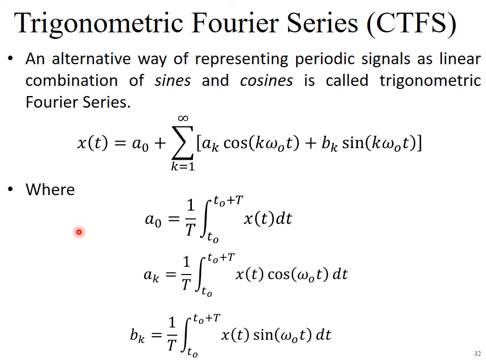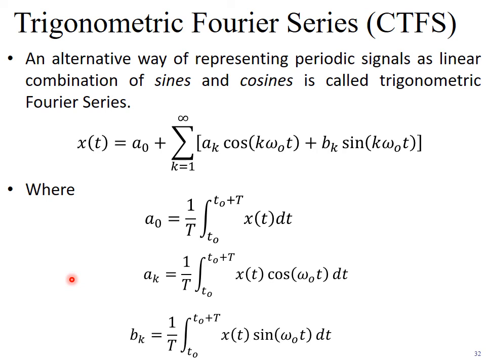The formula for a naught is the same, and to determine ak we have the integral of x of t multiplied by cos k omega naught t over one period, and similarly to determine bk, we find the integral of x of t into sine k omega naught t over one period.